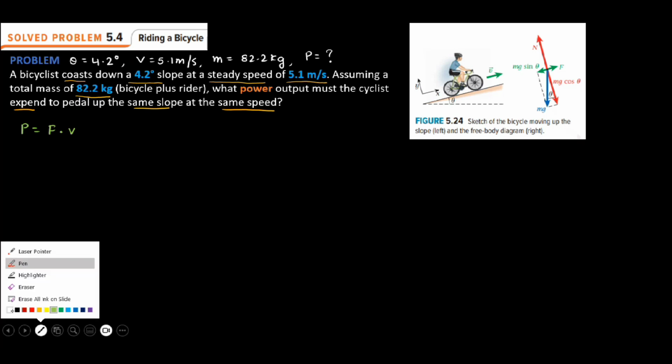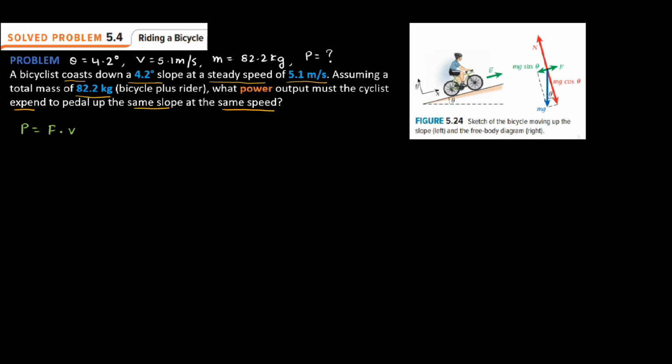So let's start with the first case that the question has described, when he was coasting down. Coasting means to move without applying any force. So coasting down means the cyclist was coming down without pedaling, without applying any external force on the bicycle.